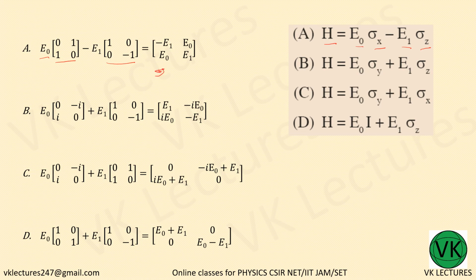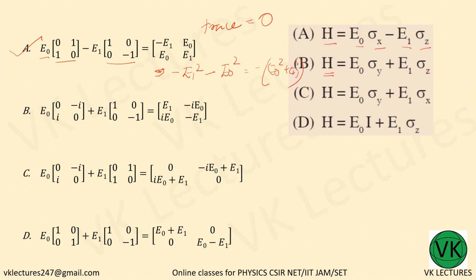Determinant equals minus E1² minus E0², which is equal to minus (E0² + E1²). Now the trace: E1 plus minus E1, that is equal to 0. So option A is correct.